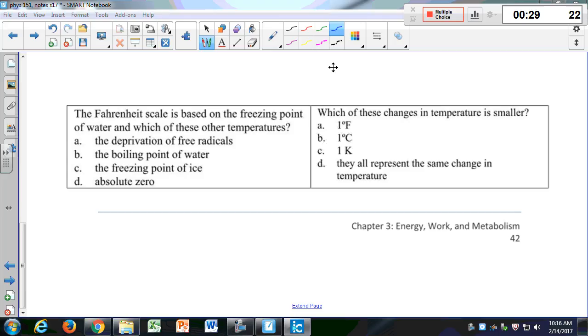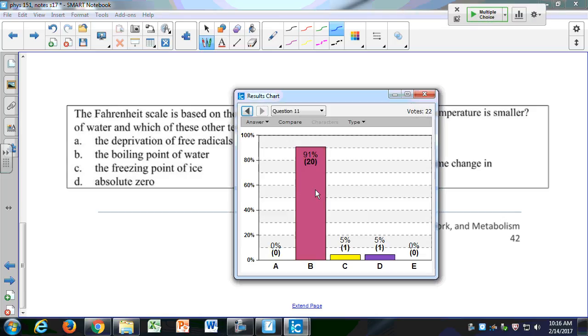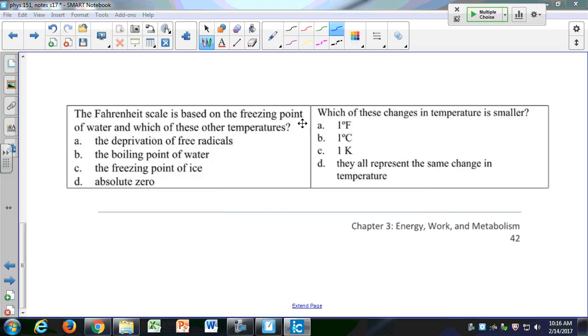All right, we'll stop in a few seconds at 35. Go on to the next one if you like. Okay, good. B is right. The boiling point of water.